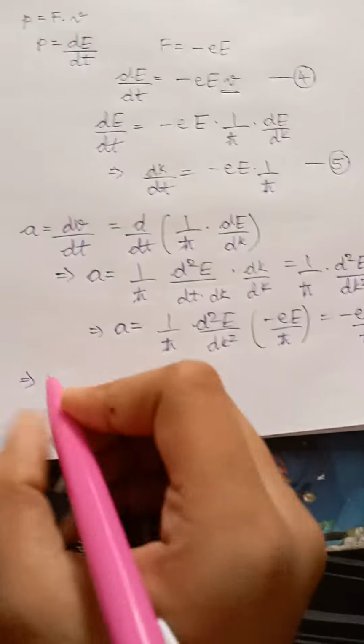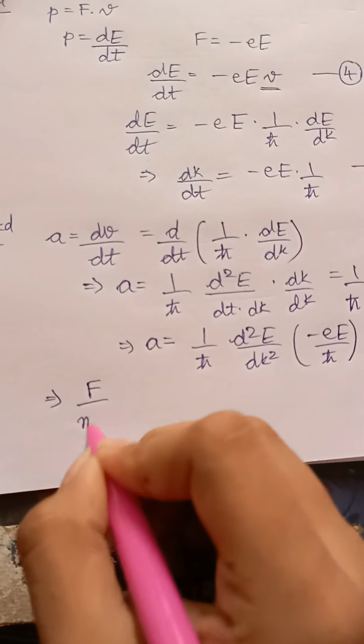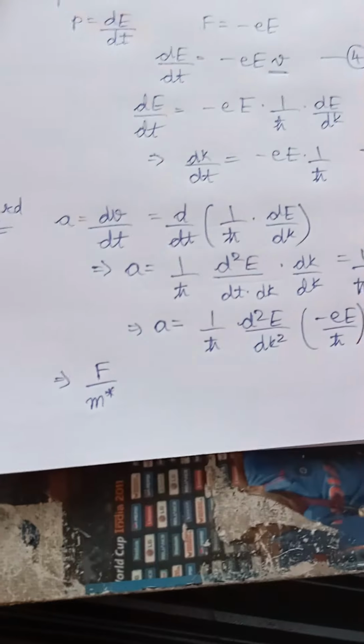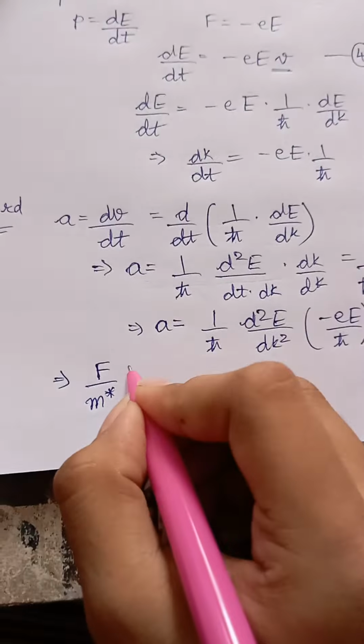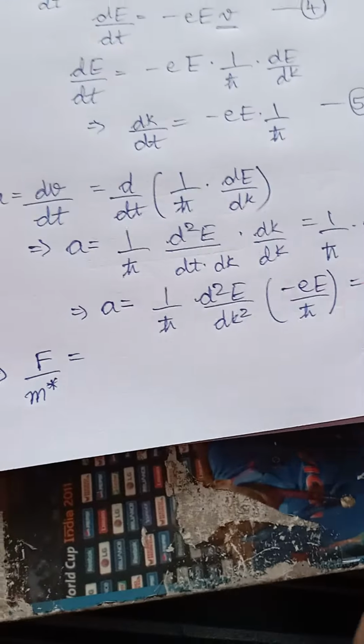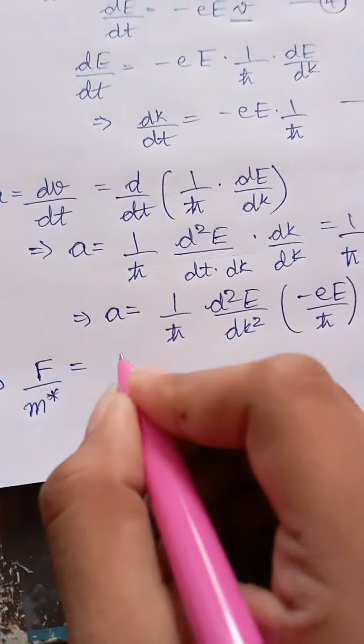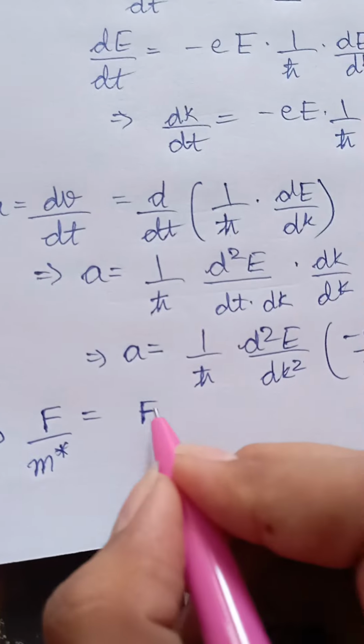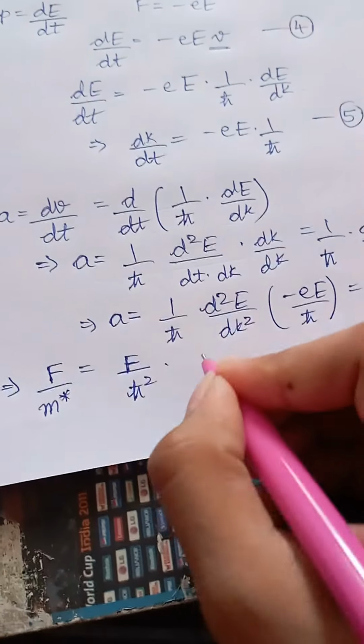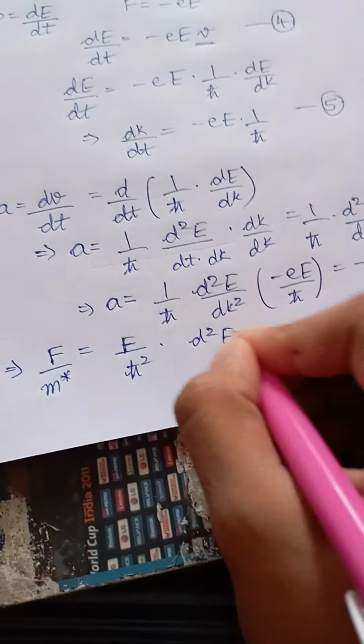Now I can substitute the value of a as F by m star, where m star is the effective mass of the electron. This is equal to, now this minus eE can be written as F, because force is equal to minus eE. So F by ħ² into d²E/dk².